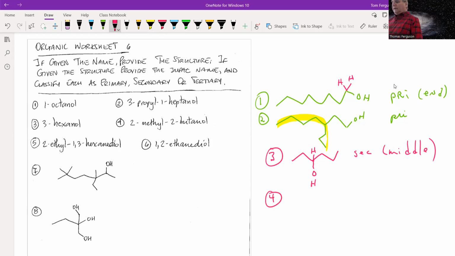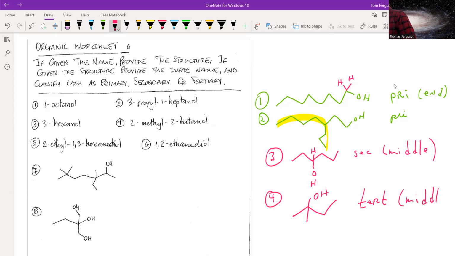2-methyl 2-butanol. Okay, butanol's 4. And that would be a tertiary alcohol. And those are also in the middle, but have no hydrogens.